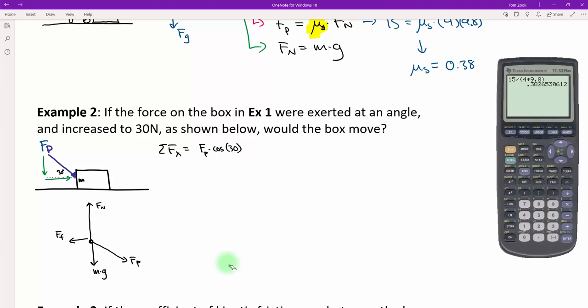Oops, that's weird. Don't put the theta there. Then to the left, I'm going to have friction force. And all that is going to be equal to question mark? I don't know. I could say that it's equal to m times a, and that the a is my question mark. Don't know what it's going to be.